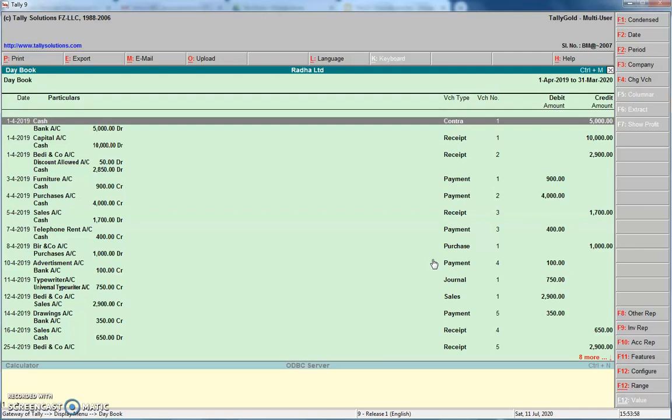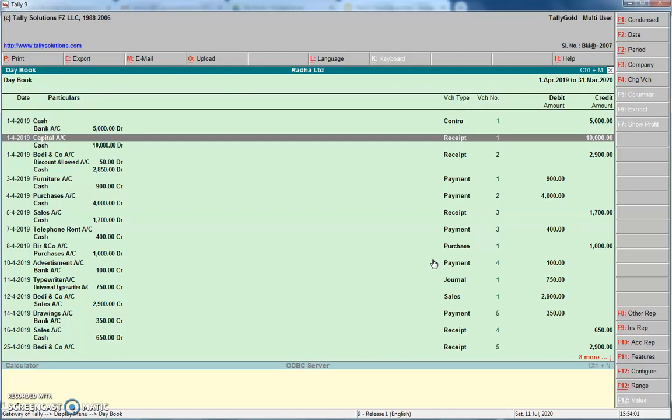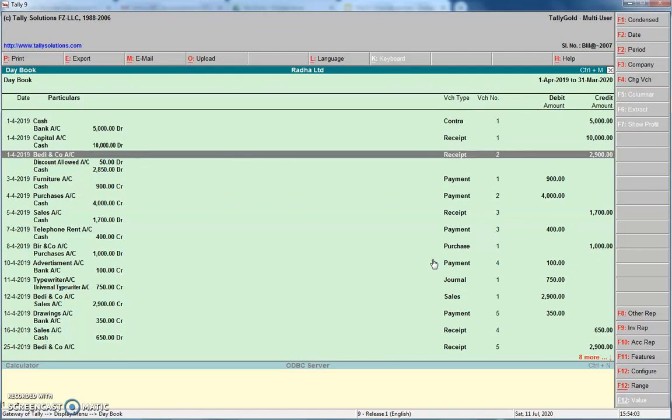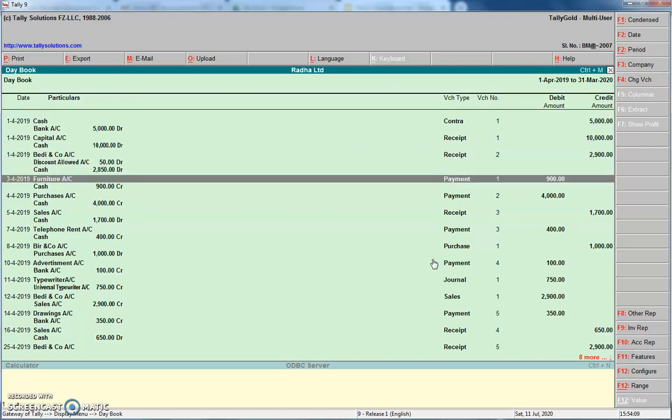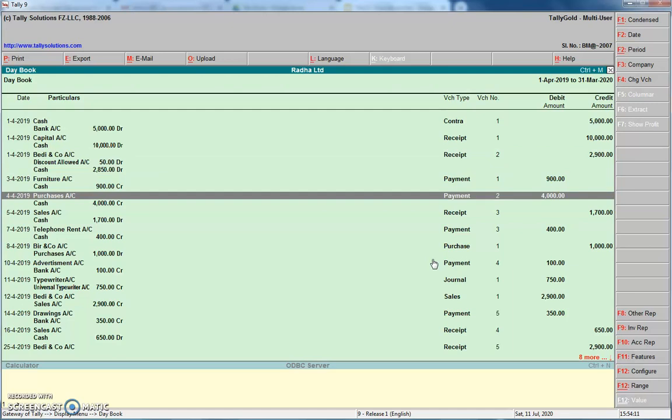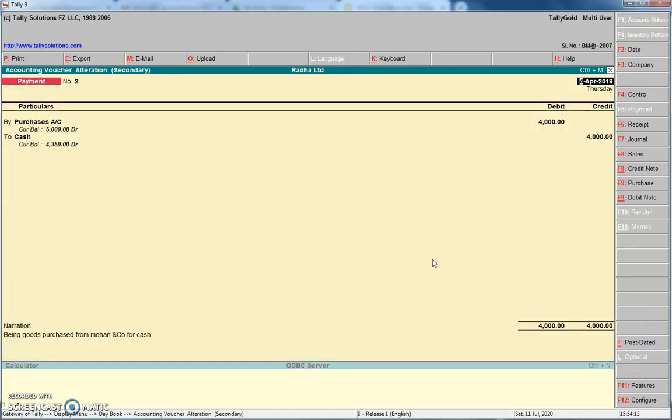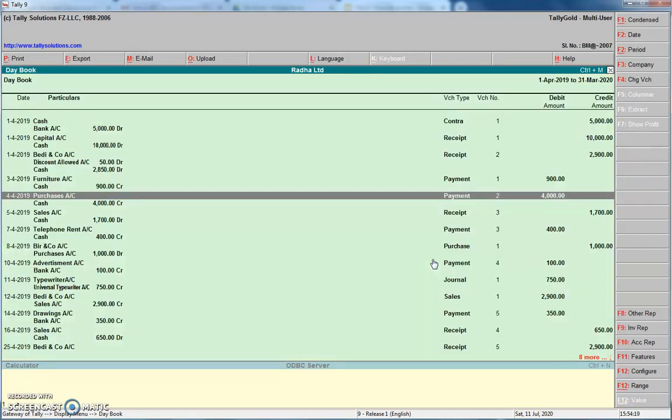It is a cash purchase, so it must come under the payment voucher. Purchases account debtor to cash account, being the purchases made from Mohan, and we have to give the acceptance.